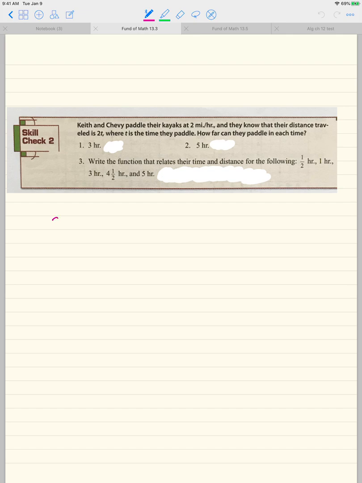Okay, so 2t, where t is equal to time, is their distance, because they travel at 2 miles an hour. So their distance is equal to 2 miles per hour times however long they are traveling for.